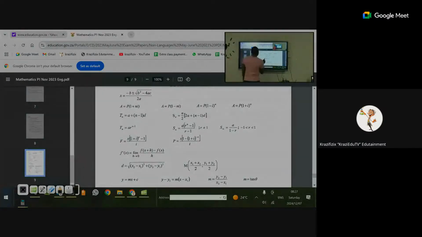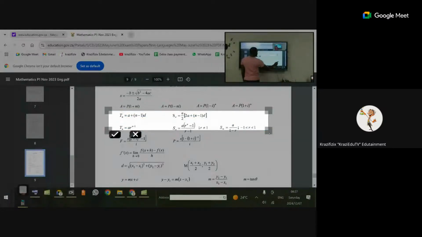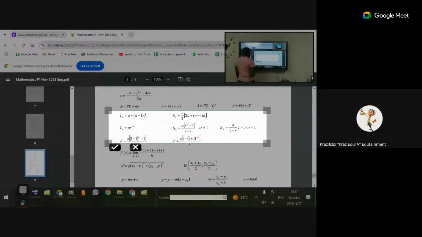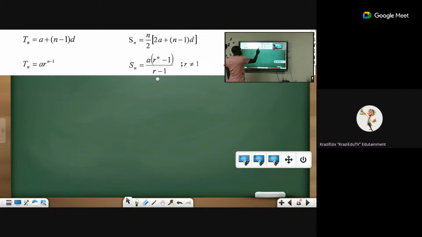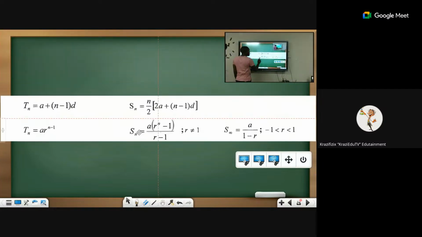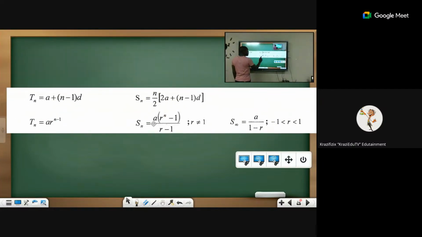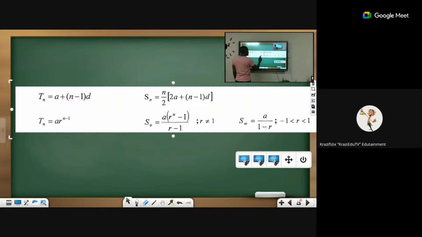That will be your number pattern section. Okay, that's your formula page there. I hope you see the formula page now, right? Good.